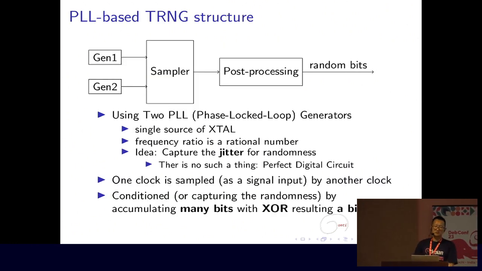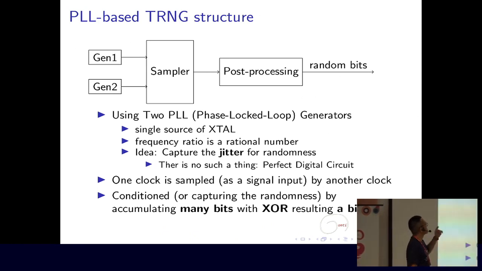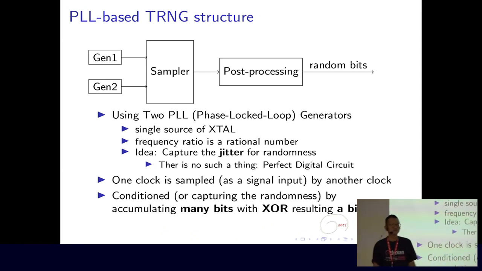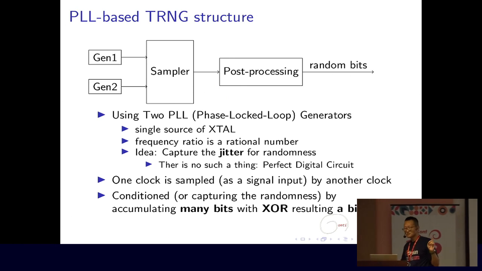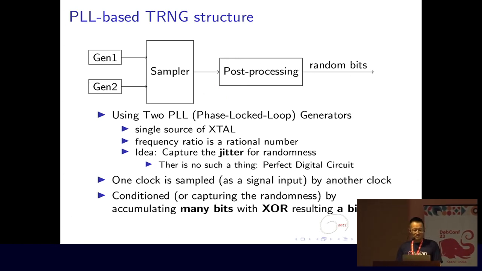And the PLL-based TRNG structure is like that. We have two input generators, a sampler, and a post-processing unit, and it outputs random bits. Pretty simple structure. And basically, it captures the jitter of the clock for randomness.